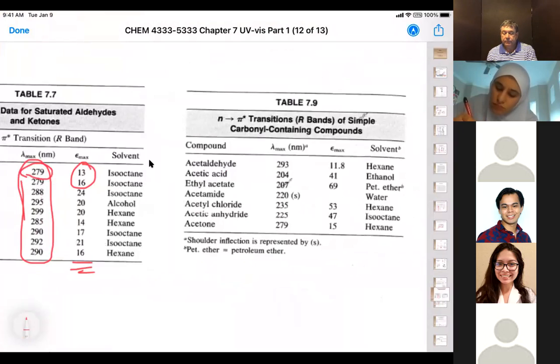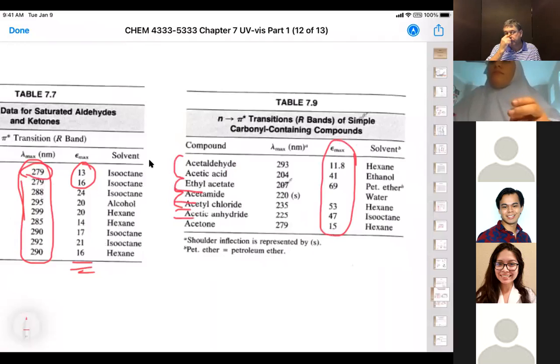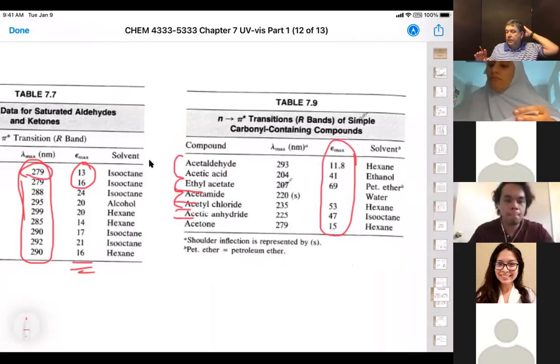If we go to aldehydes, carboxylic acids, esters, amides and acid chlorides, again we're looking at the carbonyl function of all those different derivatives. We'll see that they are all that n to pi star transition, so they all have very small extinction coefficients. That's if they're isolated. If they're isolated, we only have that non-bonding to pi transition.